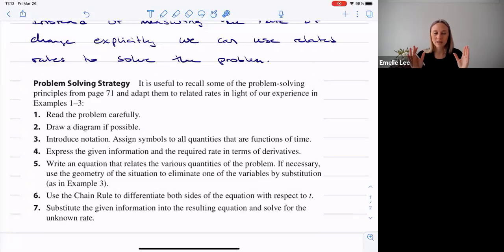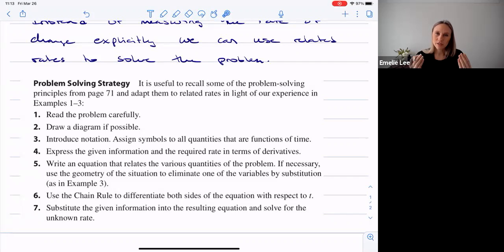Once you have an equation that relates these two quantities, you can use implicit differentiation often, or differentiate explicitly, but usually it's implicit, which you'll see.